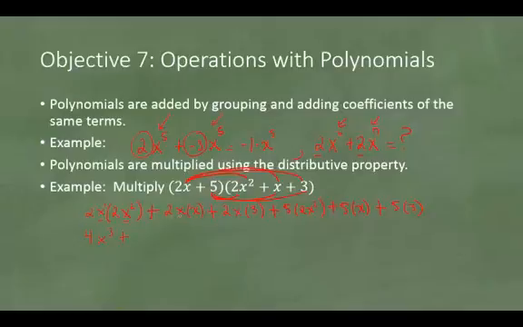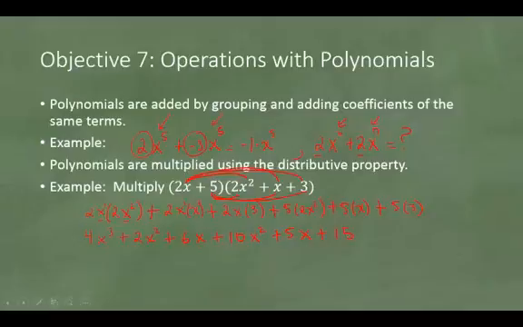Same thing with the next term. We only have a 2 there, so we're just going to write it, and we have x times x, so it's x to the first times x to the first, so that's x squared. Same thing for the third term. 2 times 3 is 6, and we have one x there. And so on. 5 times 2 is 10 times x squared. 5 times x, plus 5 times 3 is 15.